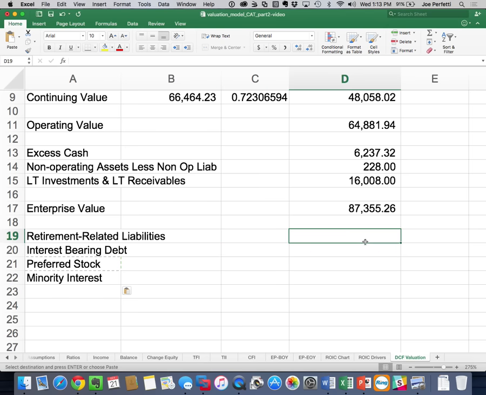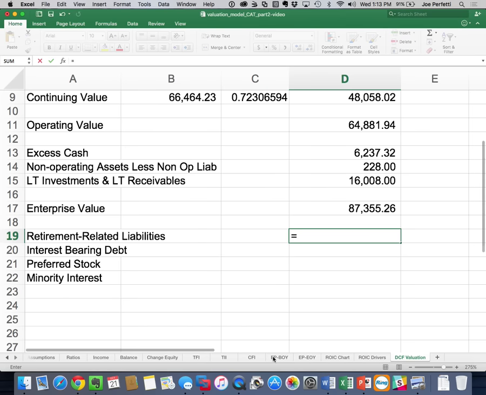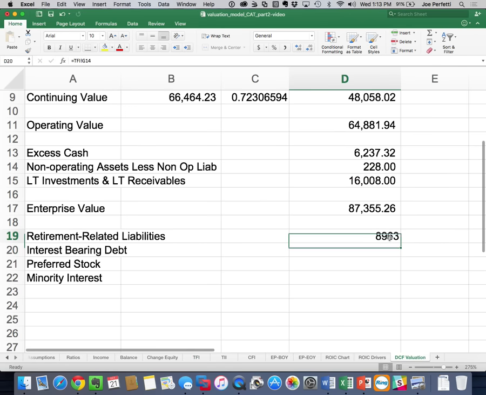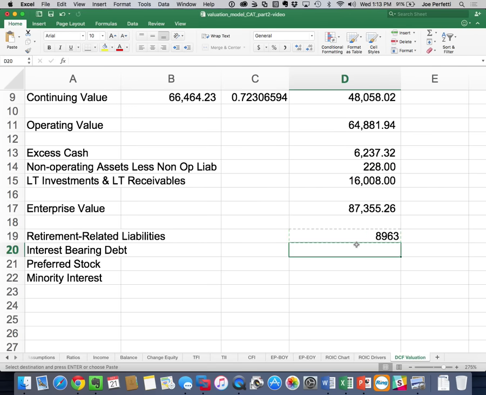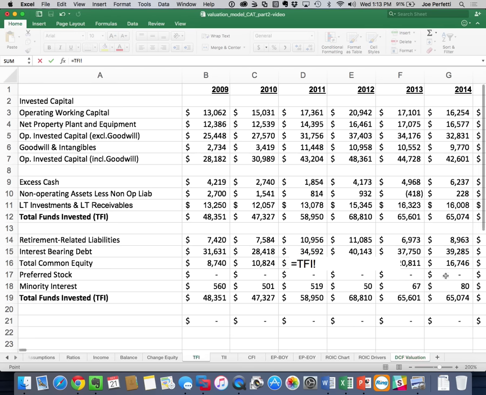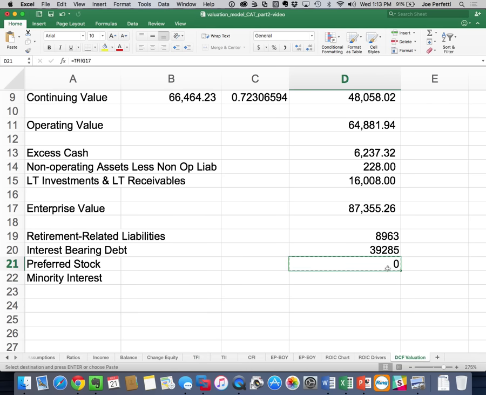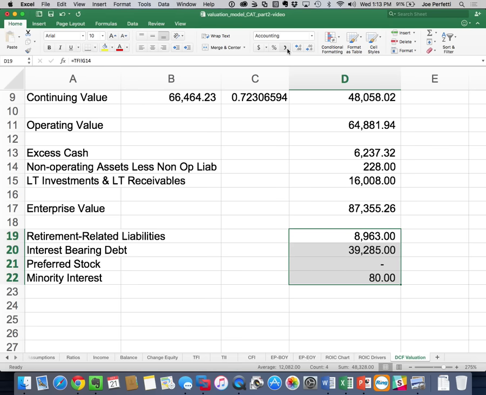So retirement-related liabilities equals, off the TFI, 2014 would have been $89.63. Debt would have been 2014, $39,285. Preferred shareholders, they didn't have any, but we'll still make a link to that, 0. Minority shareholders, 80. But basically, those are the people that have to be paid off before common can get paid.